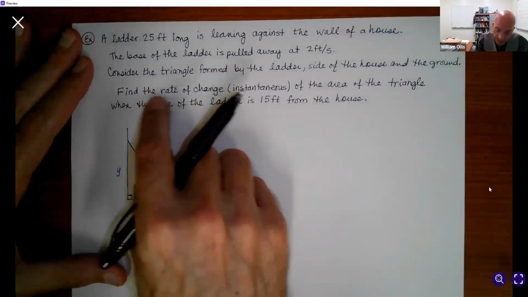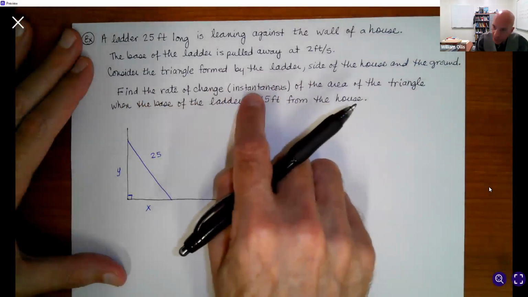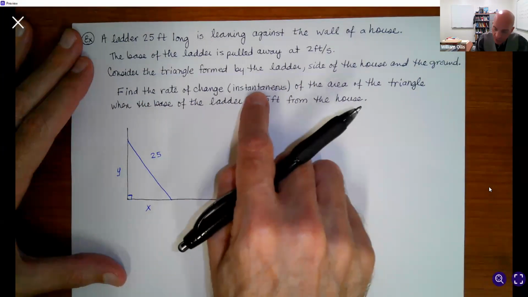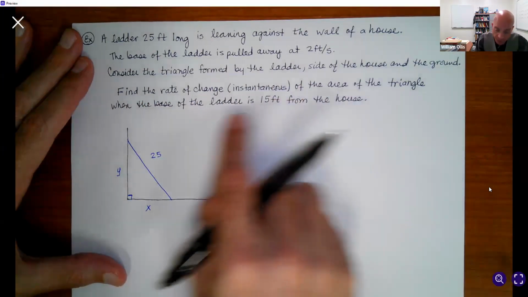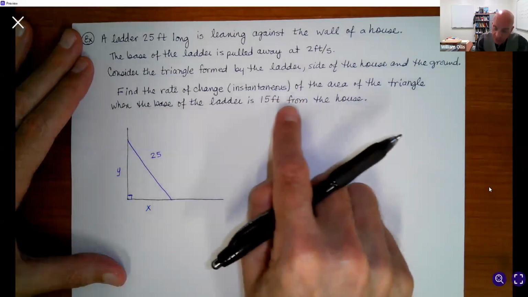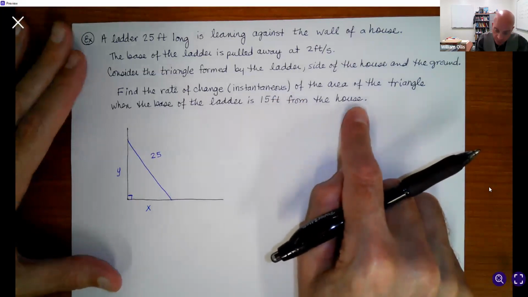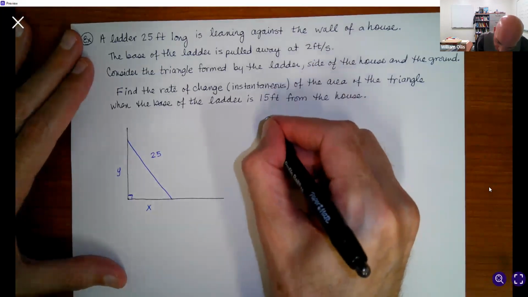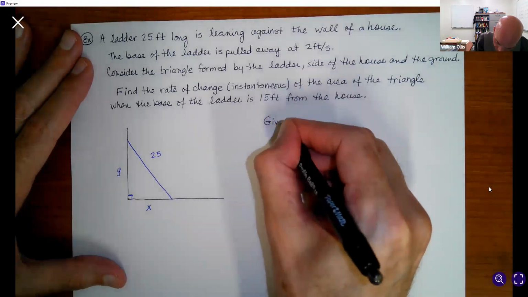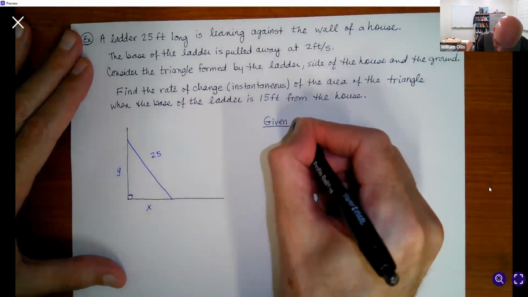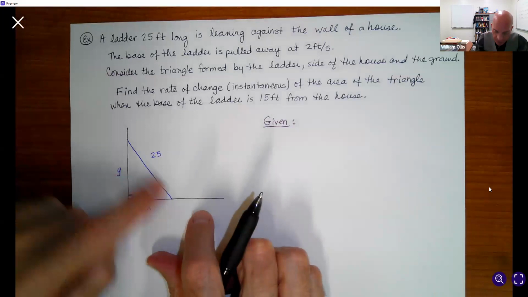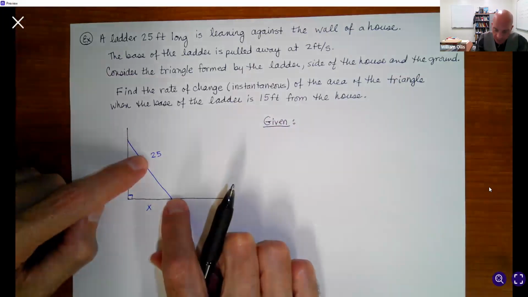Then it says, find the rate of change, instantaneous, as I've noted. Again, we will always assume that, of the area of the triangle when the base of the ladder is 15 feet from the house. So let's just write a little bit of the given here. Again, the length of the ladder is 25, as I've noted here.